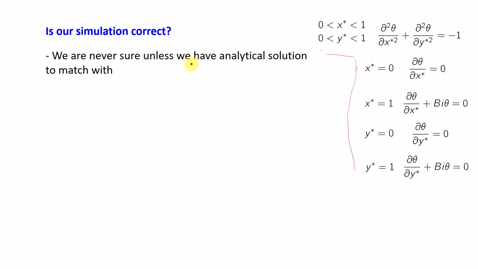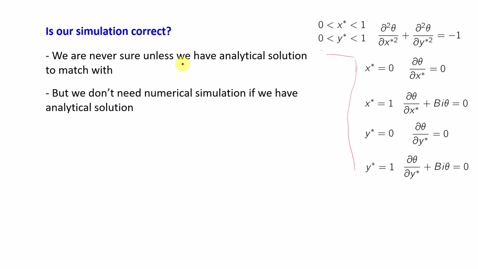The problem is that in numerical simulation, you don't know that you are doing it correctly. Anybody who is super confident about his numerical simulation and believes that what he did is correct, it is only belief, because nobody knows if it is correct. The only way to know that we are correct is when we have an analytical solution of the same problem available.